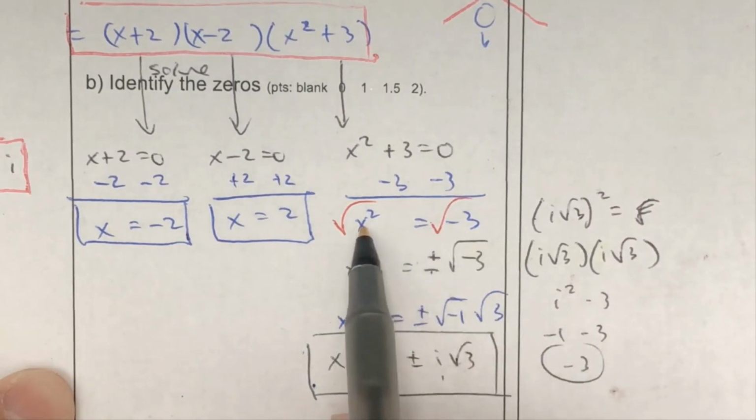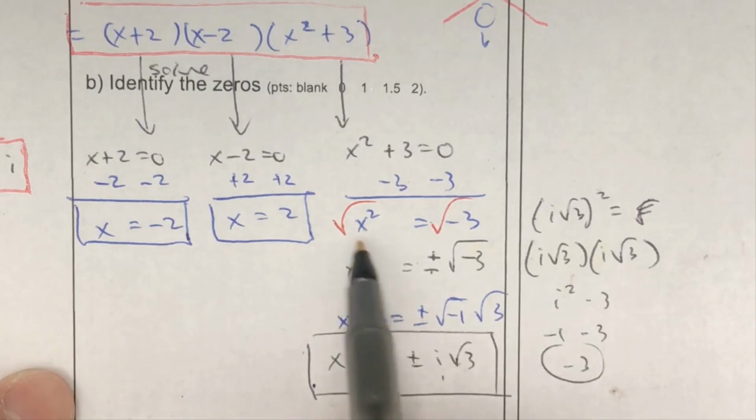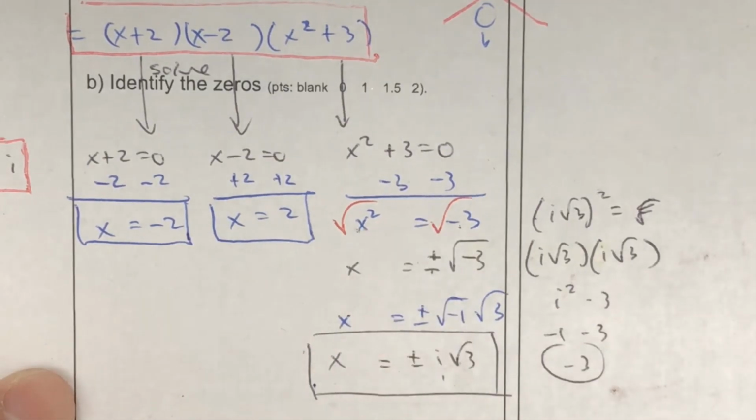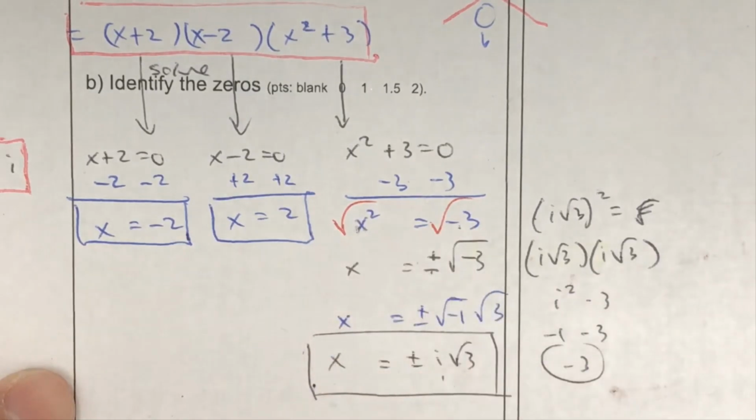So that proves to you, not in the red, but if you put in positive i radical 3 or negative i radical 3, it'll equal negative 3. So there's two answers that you can put in for x. Squared will give you negative 3.